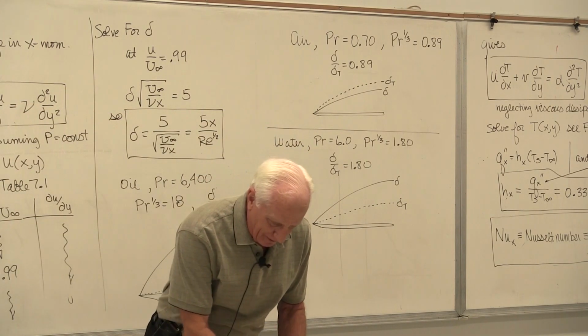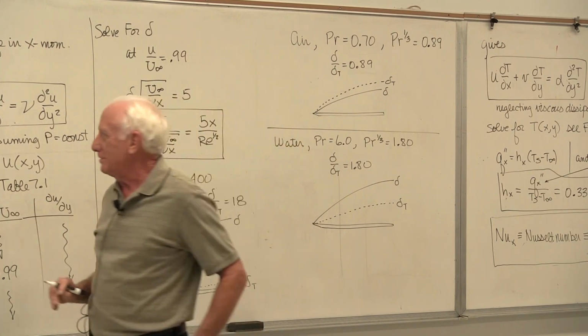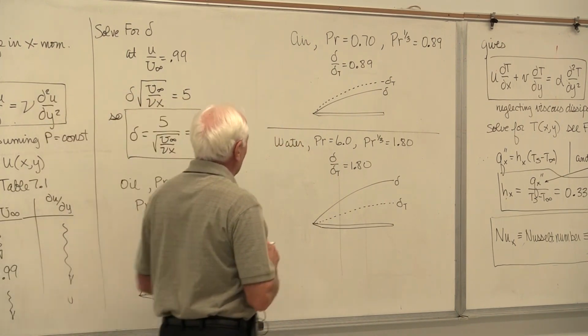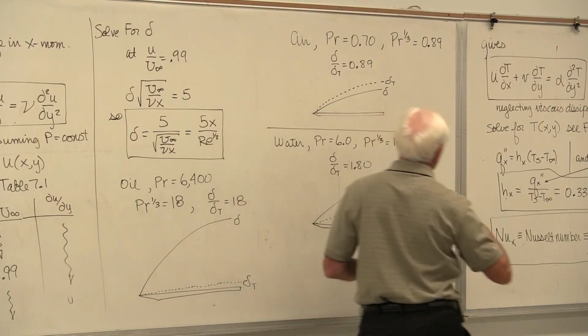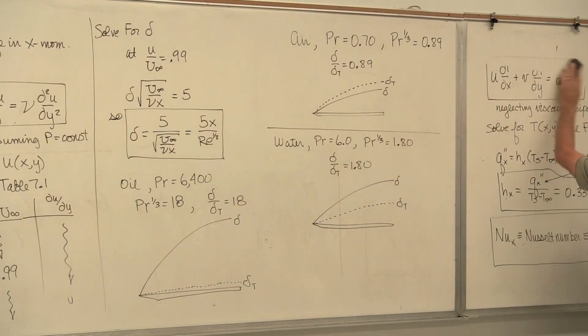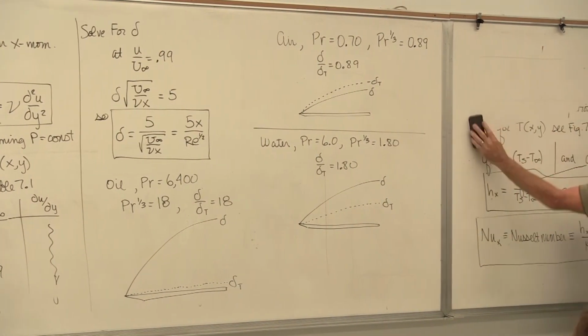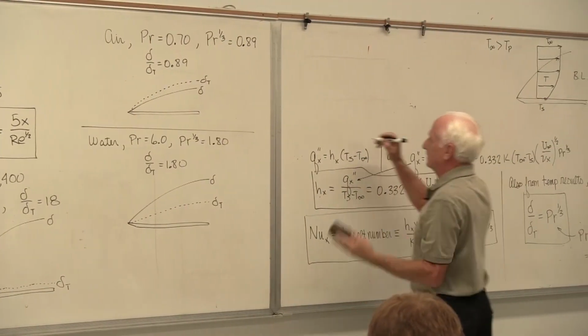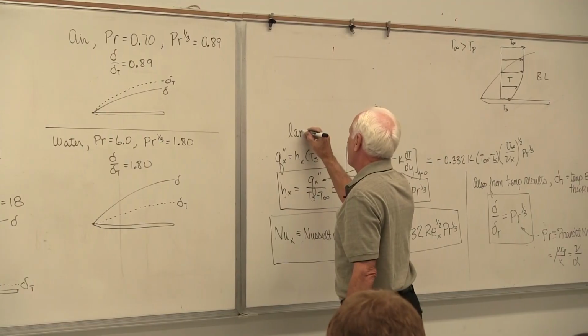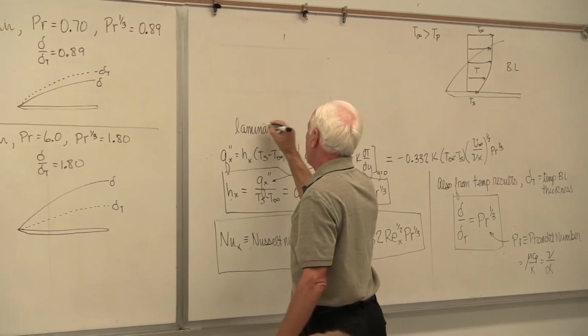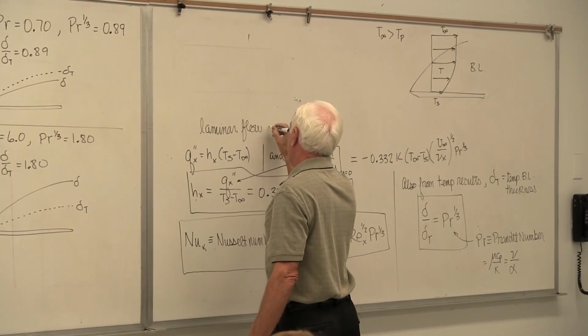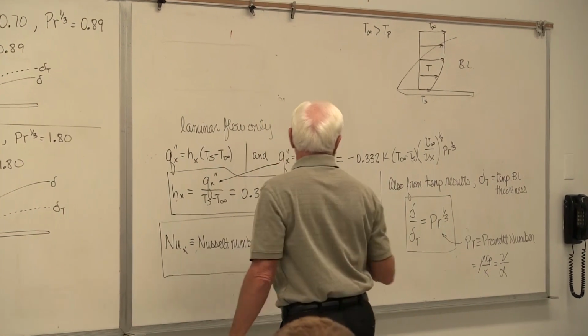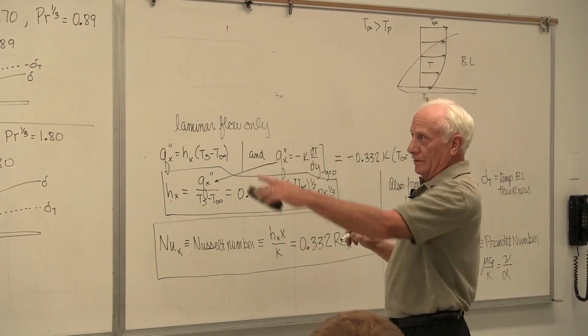Okay, now one last thing. This is all for laminar flow. So these equations over here, laminar flow, don't use them in turbulent flow. I'm going to add the other one.